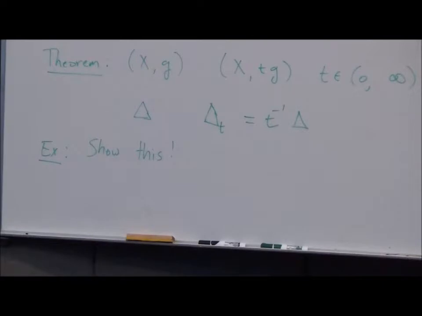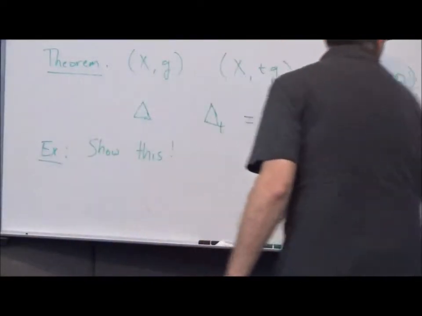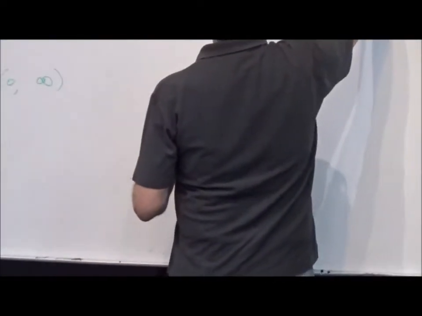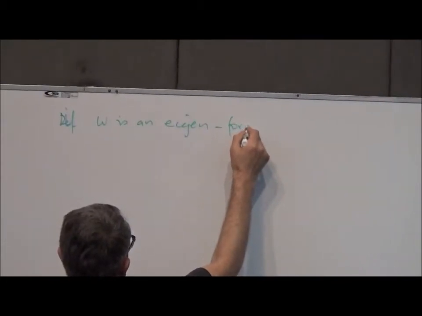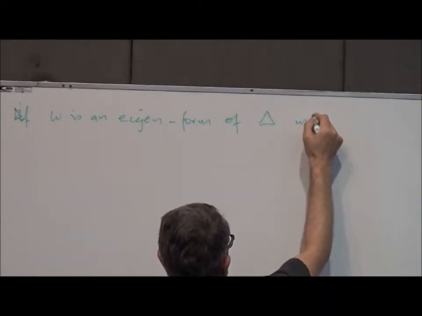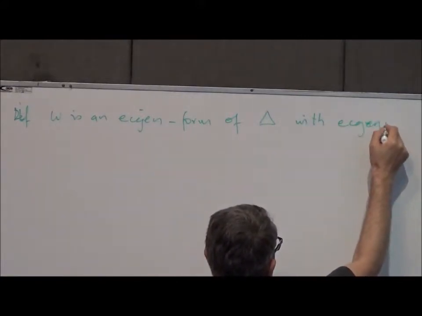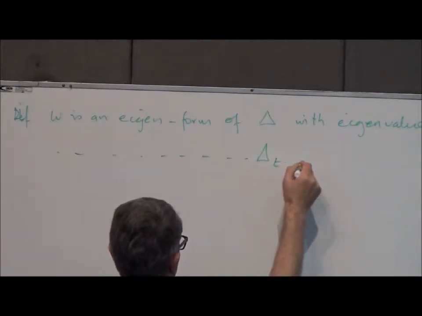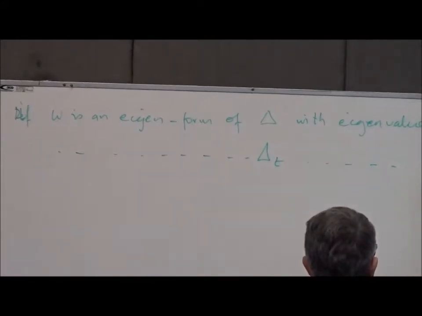All right. What does this mean? Well, it means that if omega is an eigenfunction, well, not an eigenfunction, but an eigenform of delta with eigenvalue lambda, then it is an eigenform of delta t with eigenvalue t minus 1 lambda.